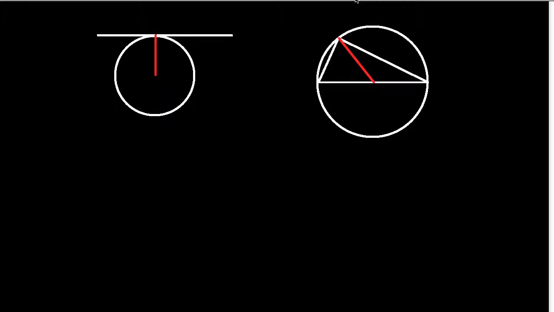So let's look at two important properties, and what I'm going to prove and what I'm sort of not going to prove. The first one, the one I'm not going to prove, is that if we draw a tangent line to a circle, and that's what we're showing right here.